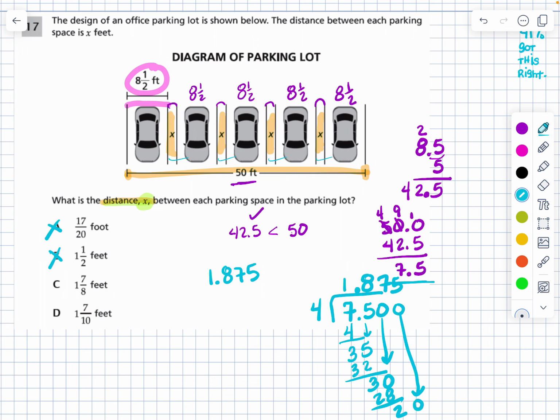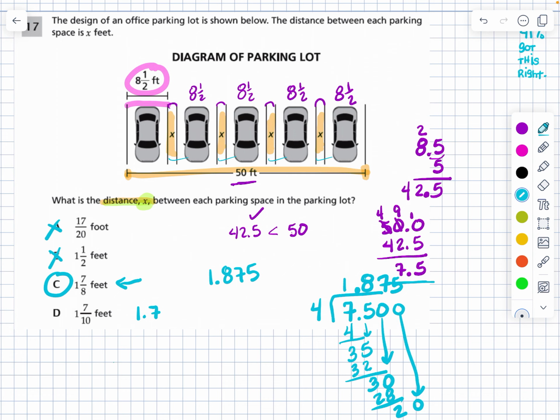It's not 1 and 7/10 because that'd be 1.7, and it's 1.875. So this is going to be the answer, but let's make sure that 7/8 is equal to 0.875.